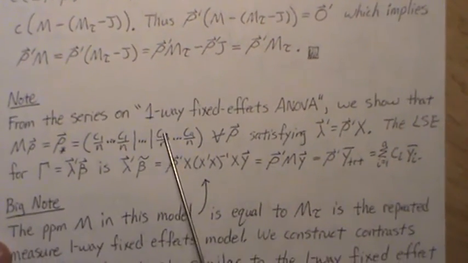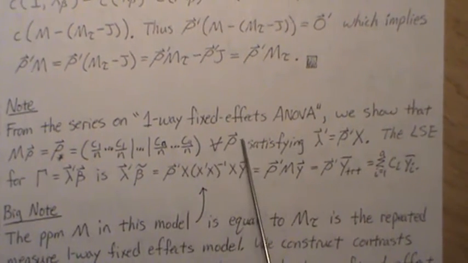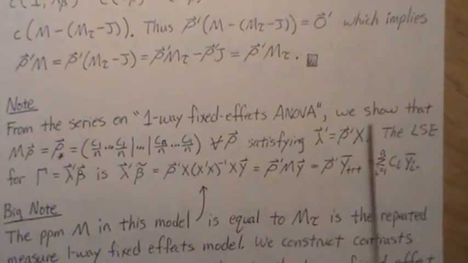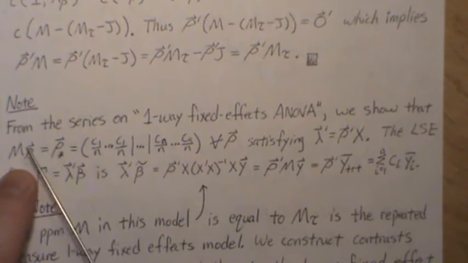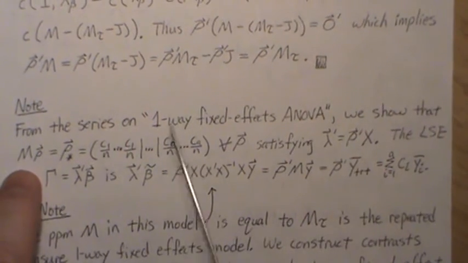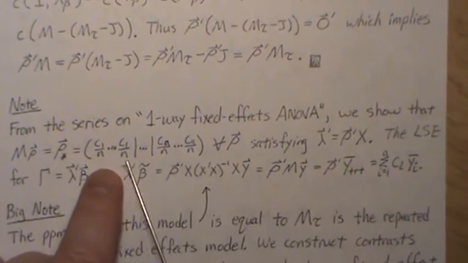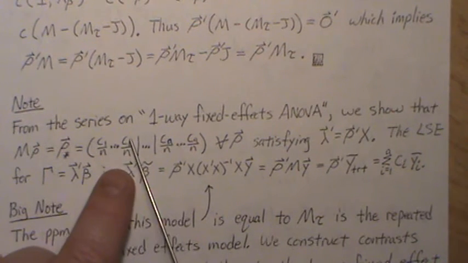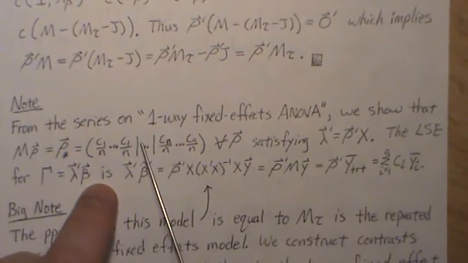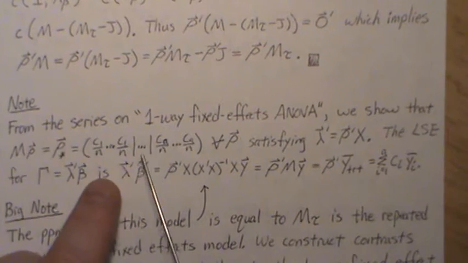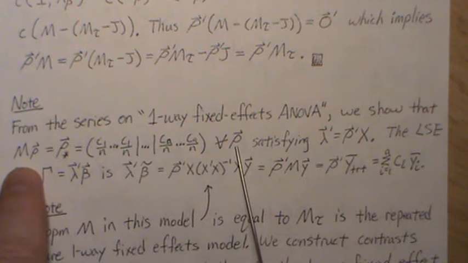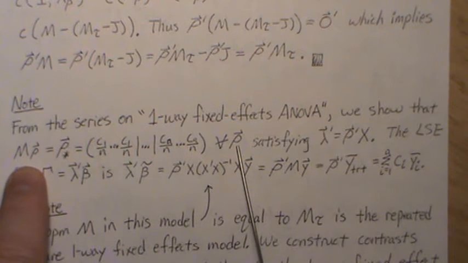So note from the series in one-way fixed effects ANOVA. So this is another mini series that I did in the playlist General Linear Models Design of Experiments. We showed that M rho, now remember this M is the M in this matrix, or in this video, is rho star, which had this form, C1 over N all the way to, N of those, and then CA over N, N of those, and then this one would be C2 over N, N times, etc. And this is for all rho that satisfies this, the rho prime M X is lambda.